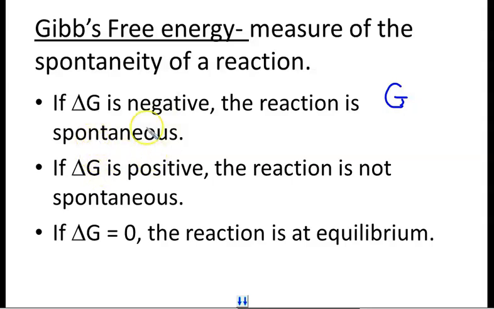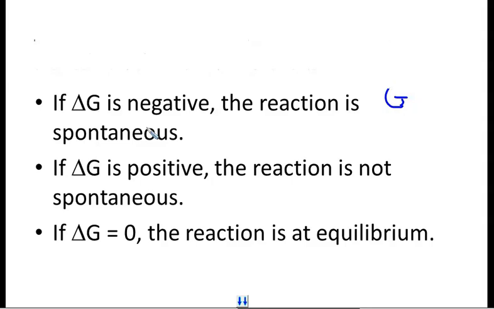If it's positive, that means the reaction is going to need you to put some energy in or do something. Something's going to have to happen because it's just not going to happen by itself. For example, if you have a rubber band that's stretched out and you let go of it, it's just going to go back together. That's spontaneous. But if you have an unstretched rubber band just sitting there, it's not going to just stretch out.